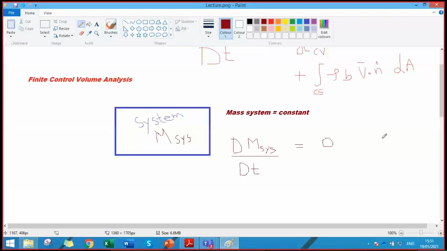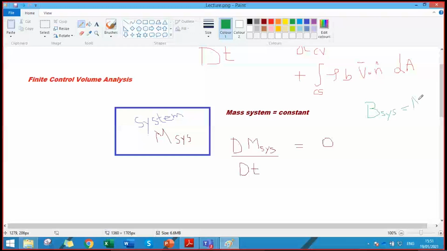It is representing the system. Now this term is representing what? That capital B, which property we're discussing now, is the mass. So capital B of the system is equal to the mass of the system.